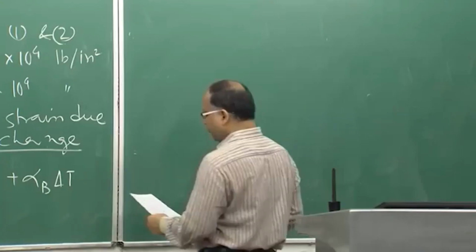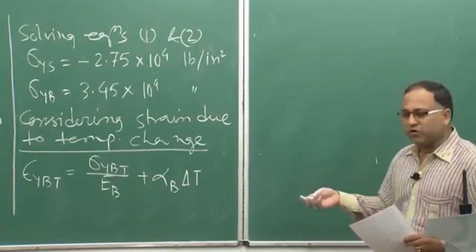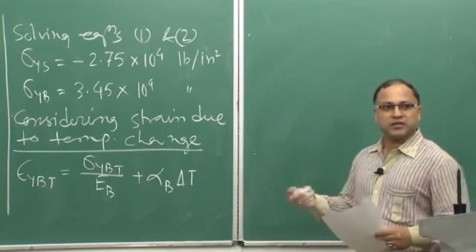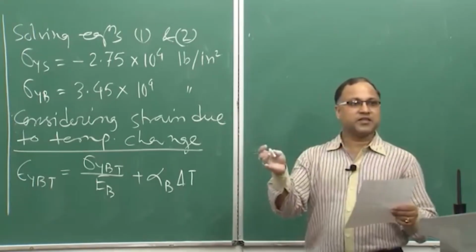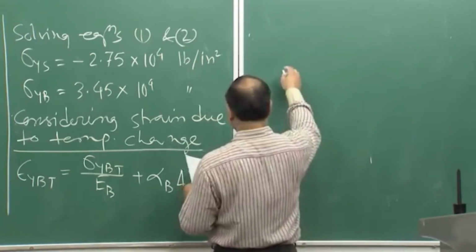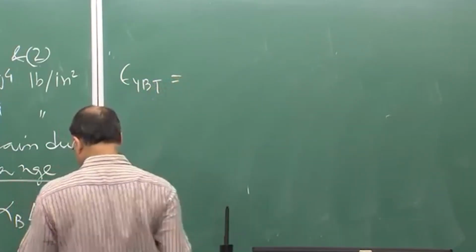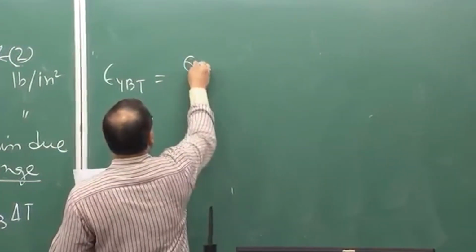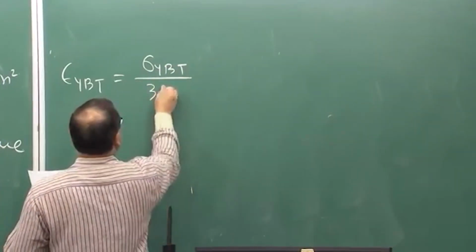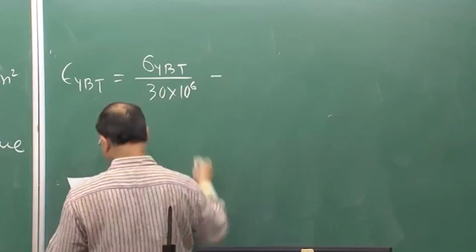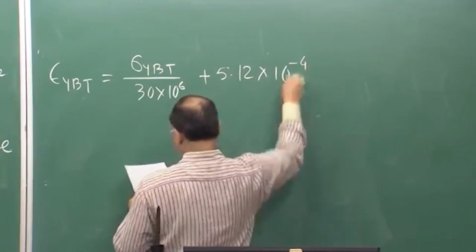Now, if you put all the values, E b is the E value of steel, alpha b is the thermal expansion of the steel, and delta t, the change in temperature, is 100 minus 60, that is 40. So, if you put all the numerical values, you will be getting epsilon y b t equal to sigma y b t over 30 into 10 to the power 6 plus 5.12 into 10 to the power minus 4.